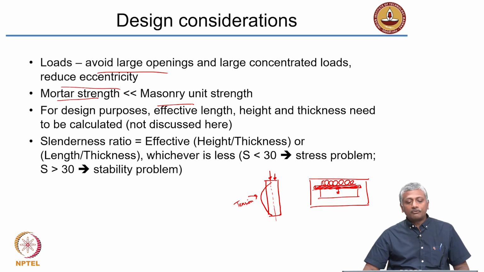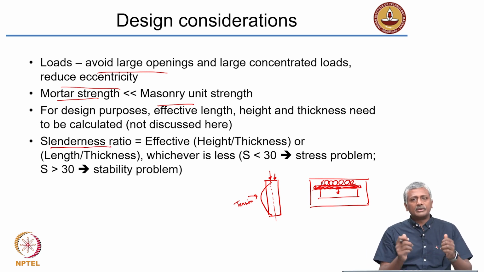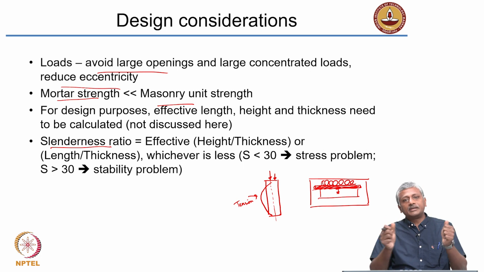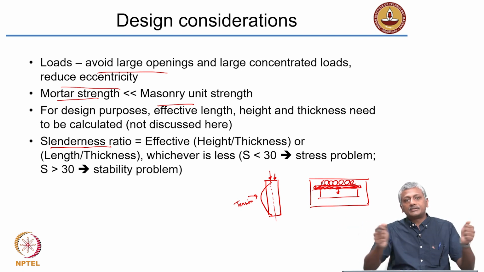Okay. And for design purposes, generally what we do is we calculate the effective length, height and thickness and calculate what is called the slenderness ratio. So if you think of a wall like a paper, you stretch the paper along the length, the length divided by the thickness of the paper is the slenderness ratio in the length direction.